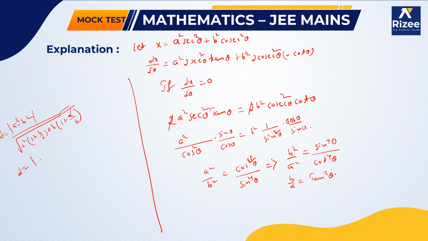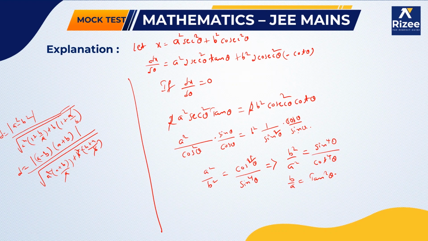So it can be written as a of a plus b by a square plus b of b plus a by b. B gets cancelled here, a gets squared.